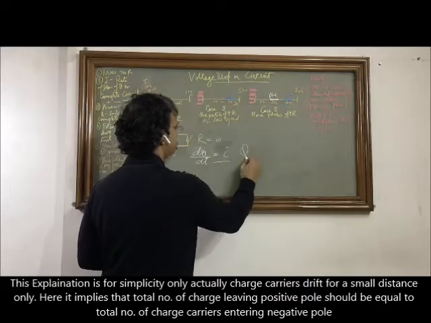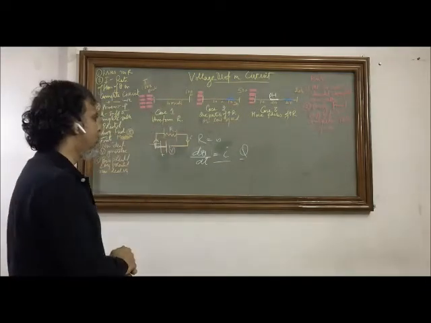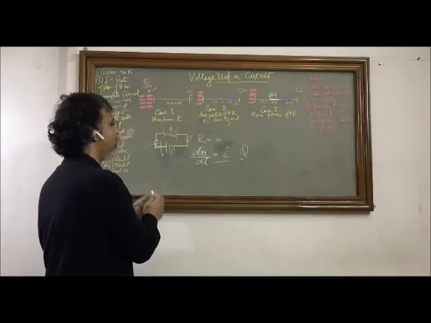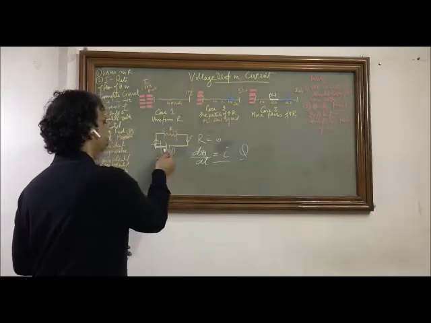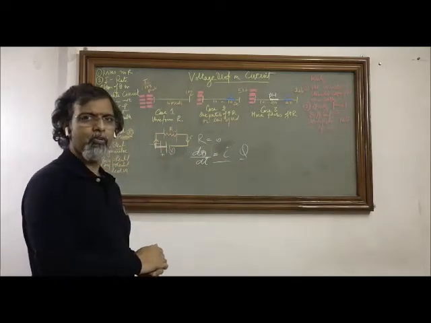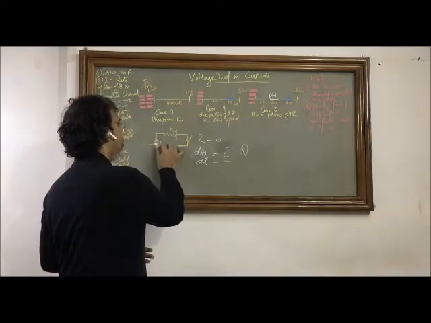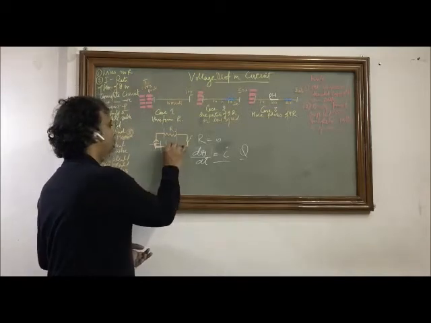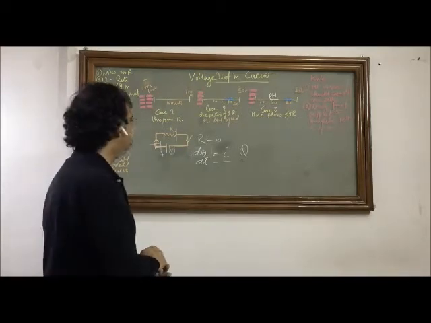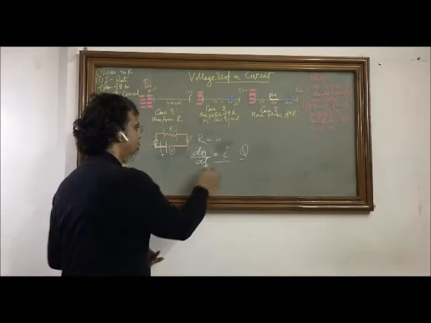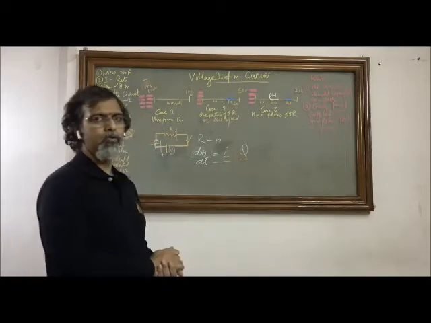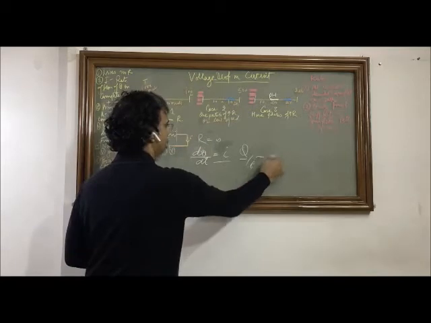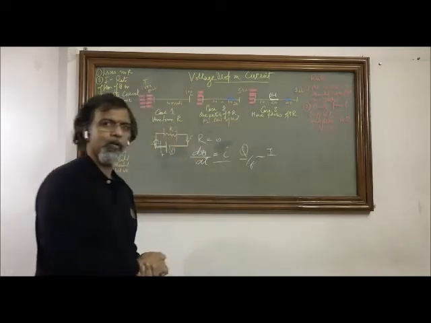More specifically, it is the rate of flow of charge that flows from the highest potential positive point of the source, traverses the circuit and comes back to the lowest potential or negative pole of the source. The amount of time it takes will give you the current in this circuit.